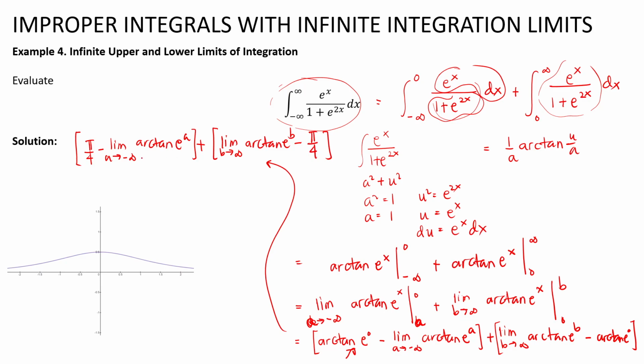Notice if we combine the terms, positive pi over 4 and negative pi over 4 will cancel out. Then evaluating the limits, e to the power of negative infinity: if you plug in a very big number, let's say negative 99,9999, it's 0, diba? So arctangent 0 will also give you 0. So e raised to the power of a very big number, medyo mukuan siya, math error siya, di ba?